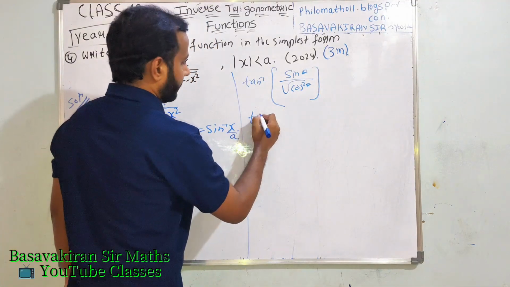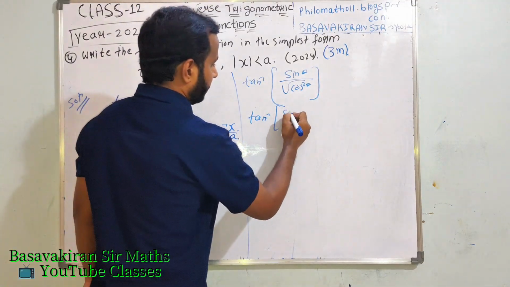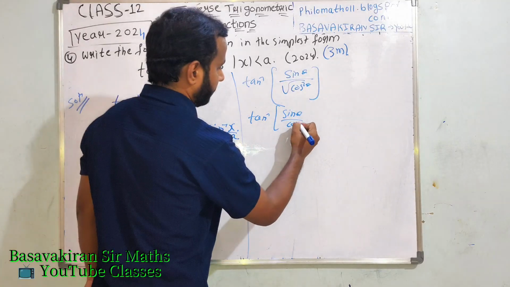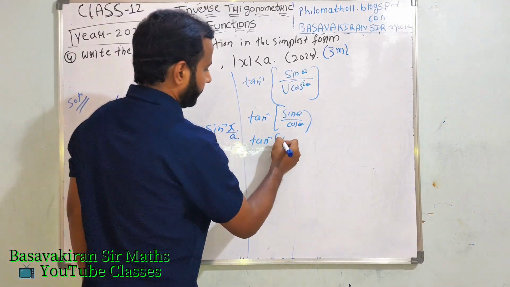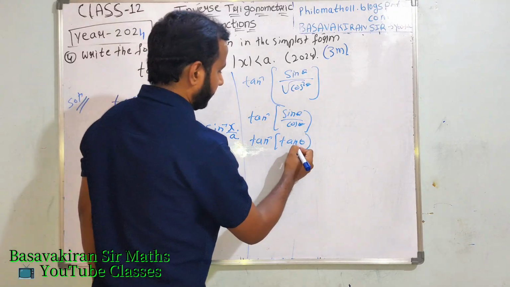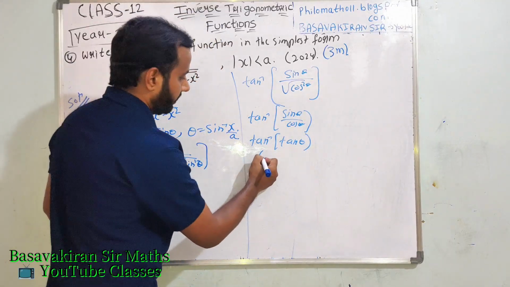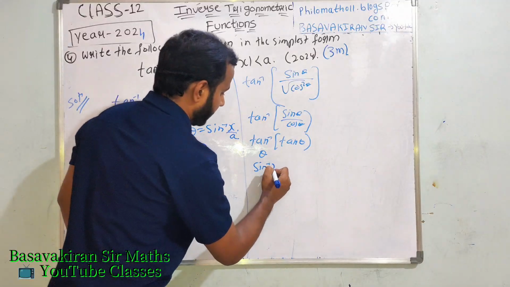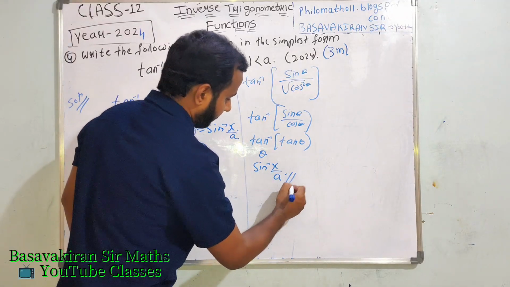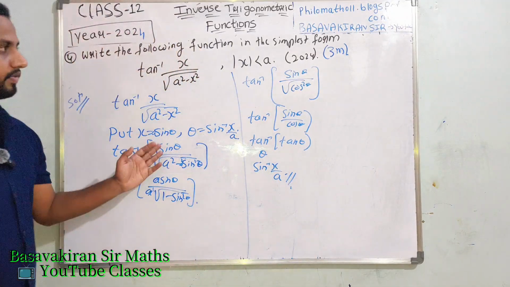So root and square get cancelled, left with sin theta by cos theta. What is sin by cos? That is tan theta. Tan inverse of tan theta, tan and tan inverse get cancelled, left with theta. But what is theta? Theta is sin inverse of x by a. This is the final answer for the 3 marks question.